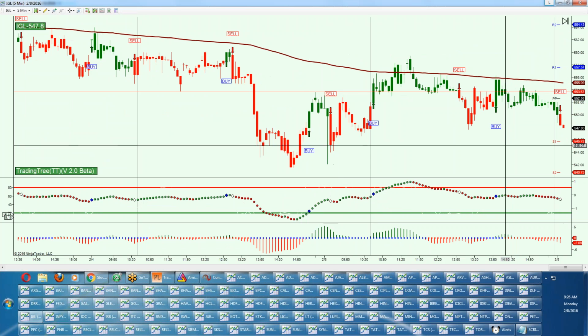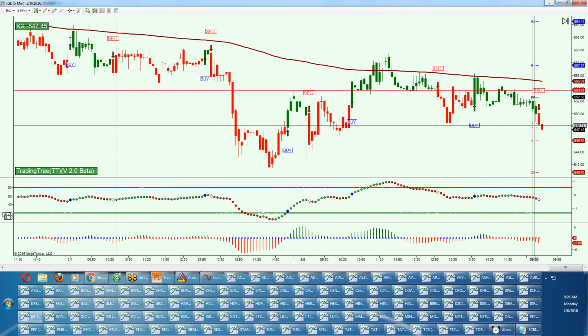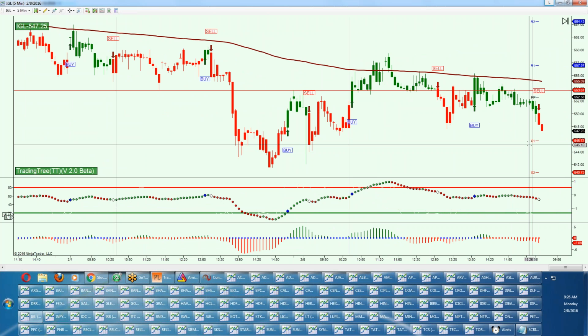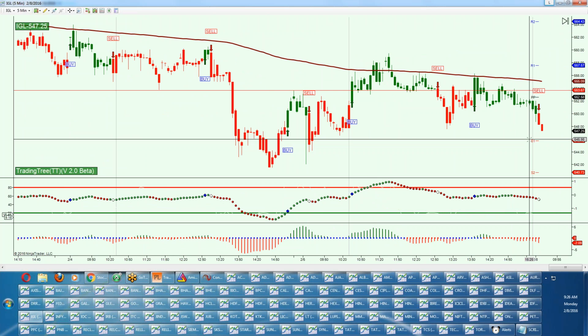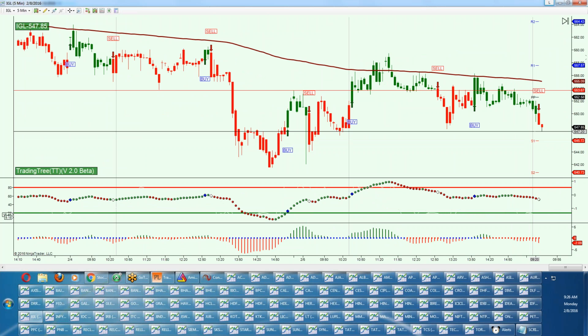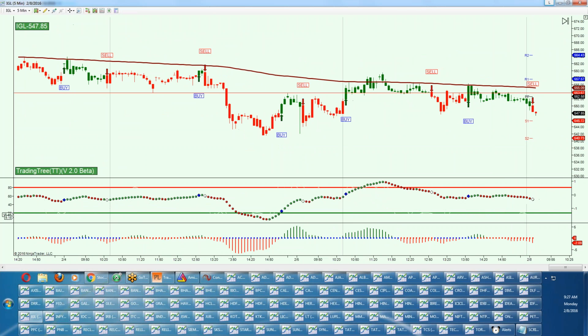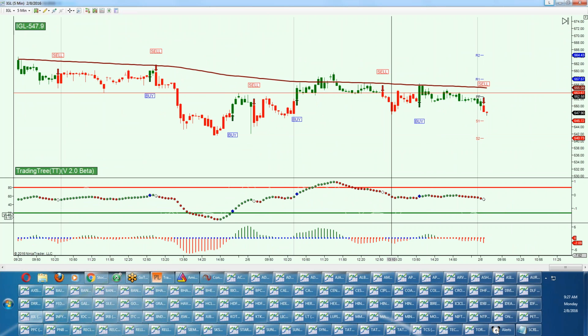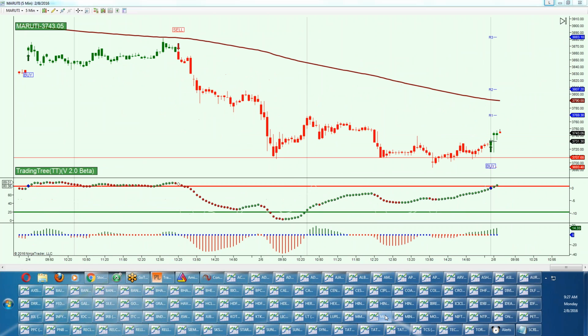Your selling price is this, 548. Your target will be 544, 545.80 as your first target. Maruti, the buy price was this one, 3737.